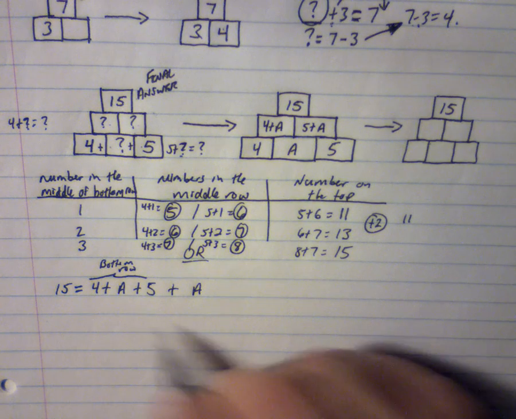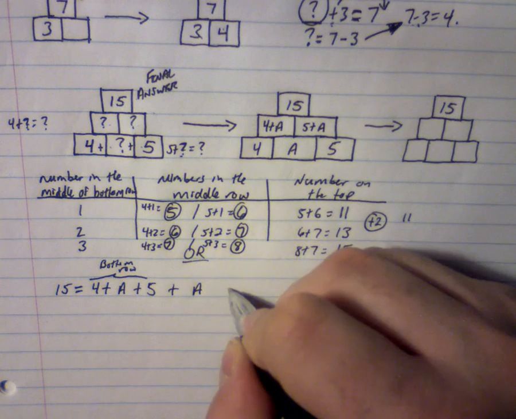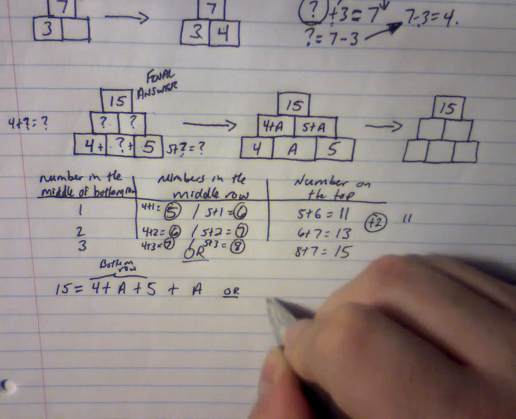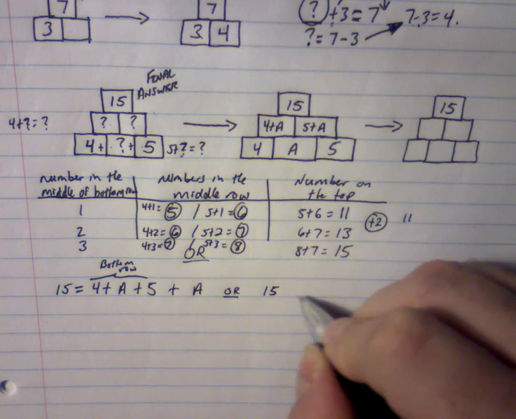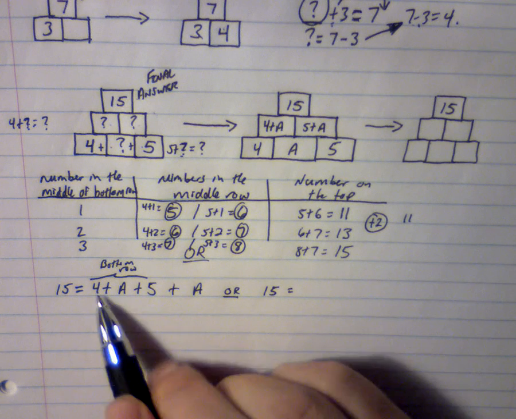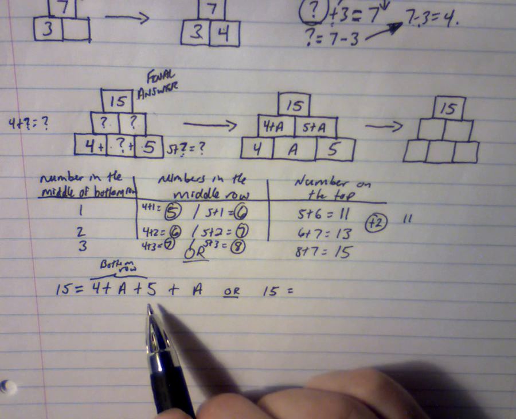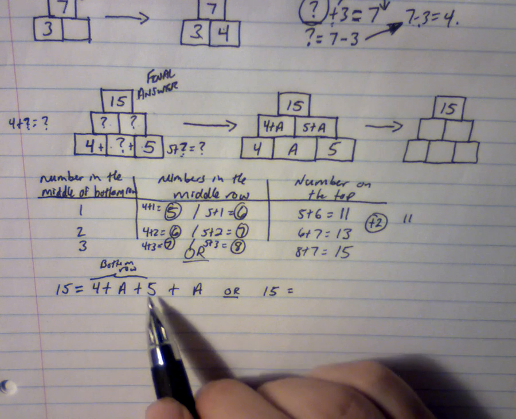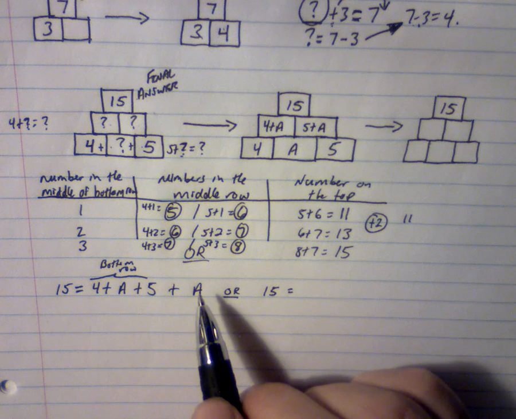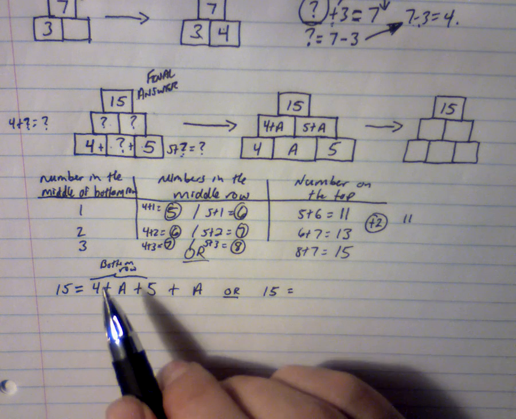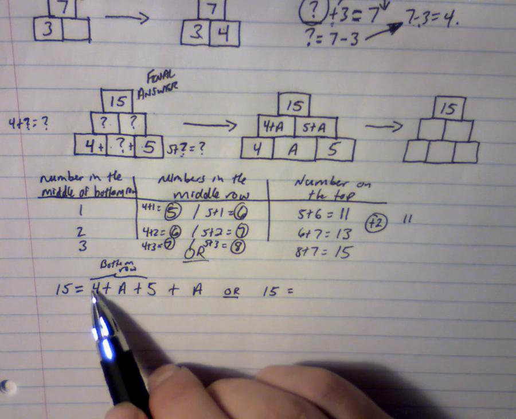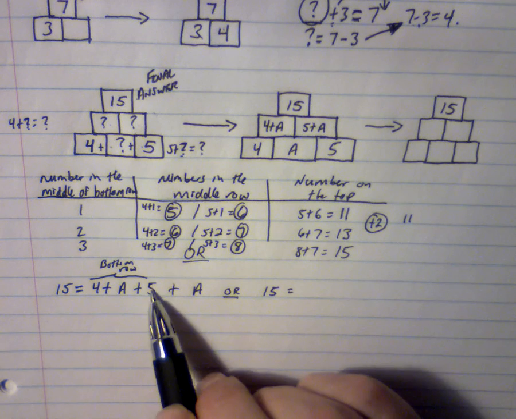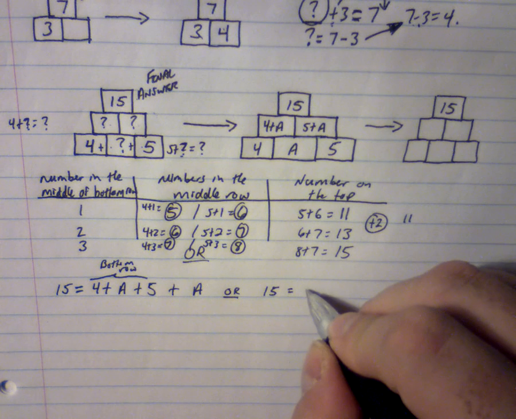Now, back to our equation. Okay, so what we have is this, or we can write this as 15 equals, if we group like terms together, so when I say like terms, numbers with numbers, letters with letters. Okay, so when we group our numbers together, 4 plus 5 equals what?